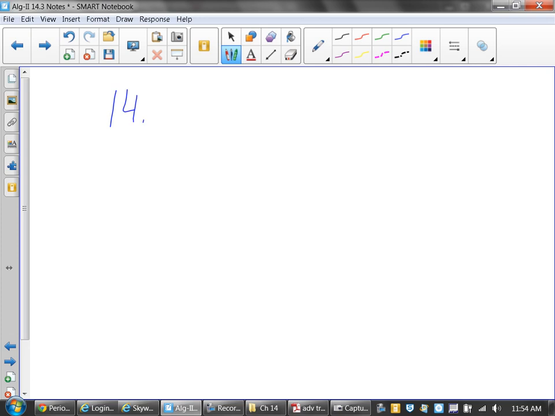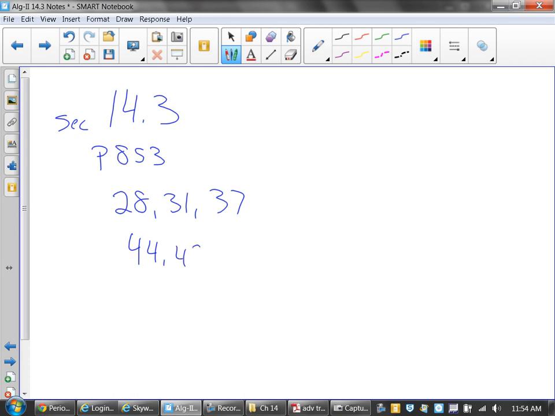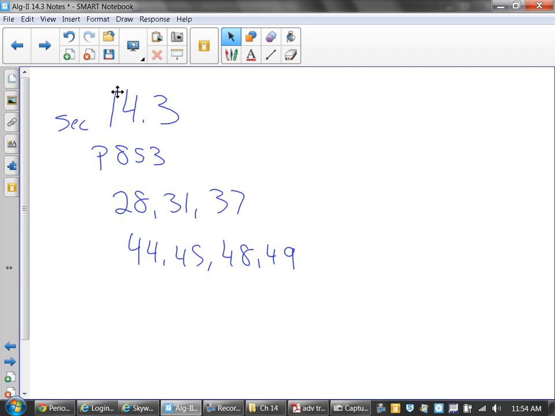So this is section 14.3. It's page 853. I want you to do numbers 28, 31, 37, 44, 45, 48, and 49. Again, the reason why I'm picking and choosing some of the problems is because there are some properties that we do not really need to worry about in this class.